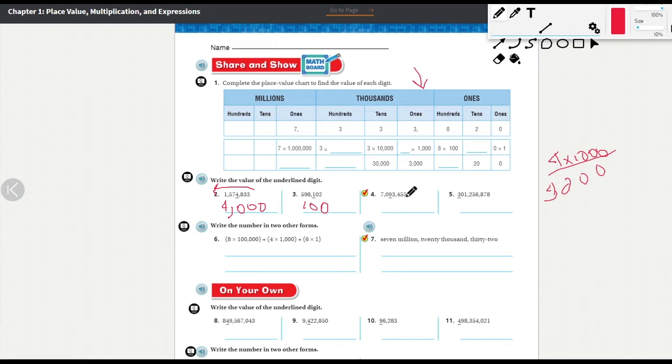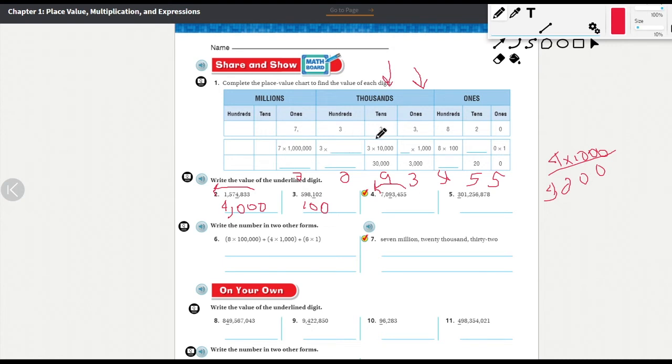We start from right to left. That way it will be easy for us to identify the value of that number. We have 5 here, 5, 4, 3, 9, and we have 0, and we have 7. So that number is 7,093,455.